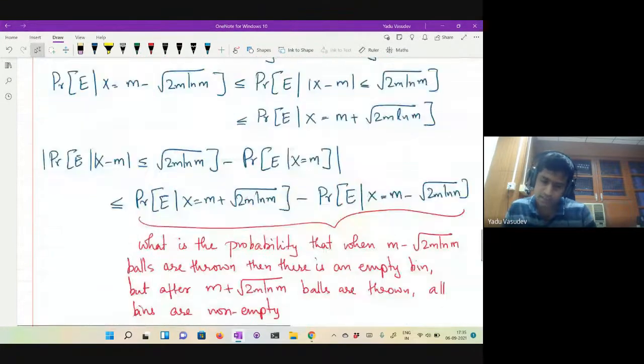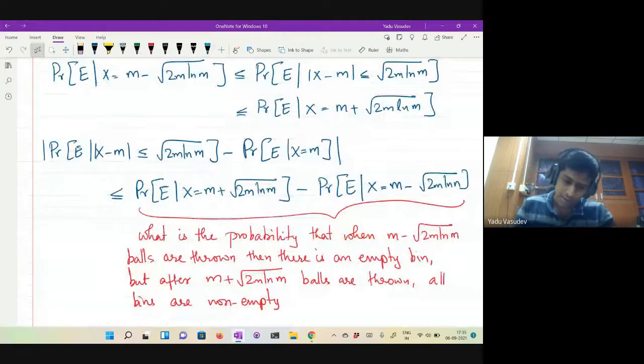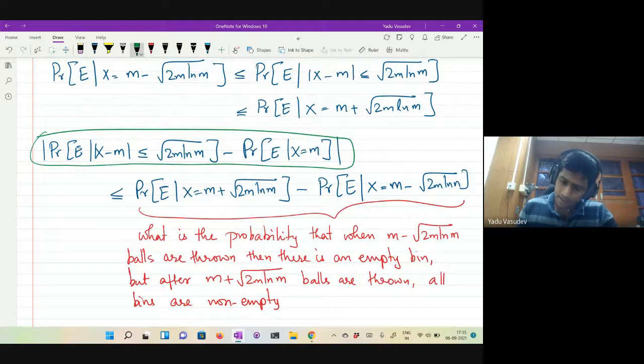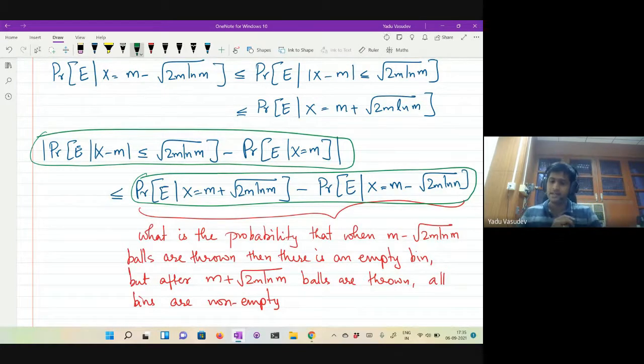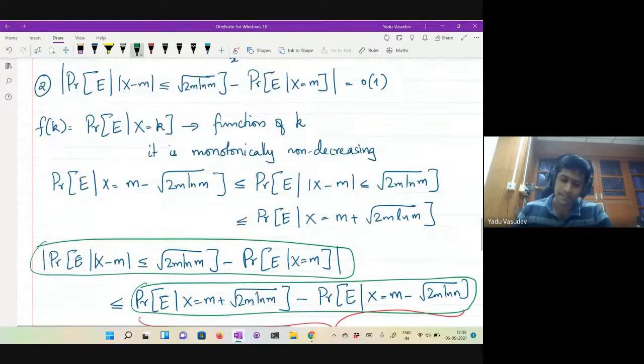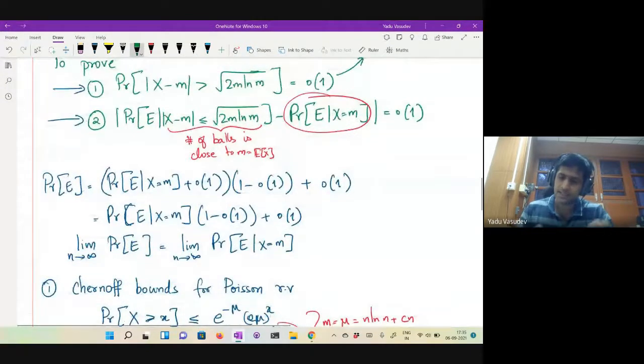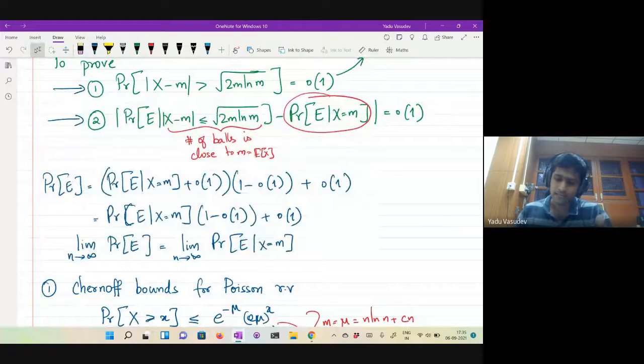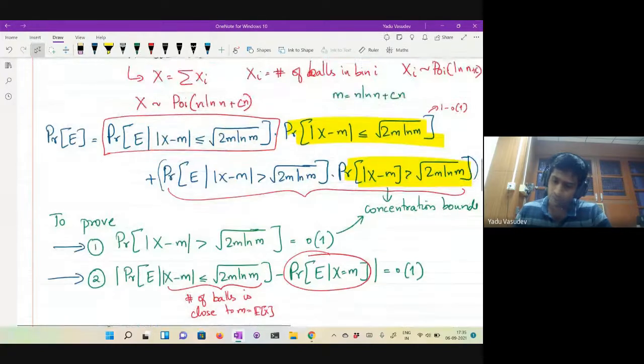It tells you that this quantity here, which is what we wanted to bound, is bounded by this inequality, which is the probability that in the first m minus square root 2m ln m balls, there is at least one empty bin which gets filled in the remaining 2 times square root 2m ln m balls. These are the two statements that we needed to prove, and that concludes the proof, because that's all we wanted to show.